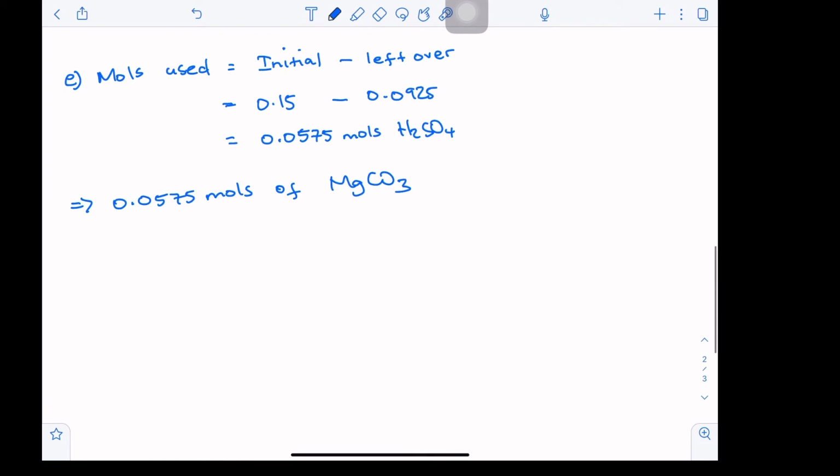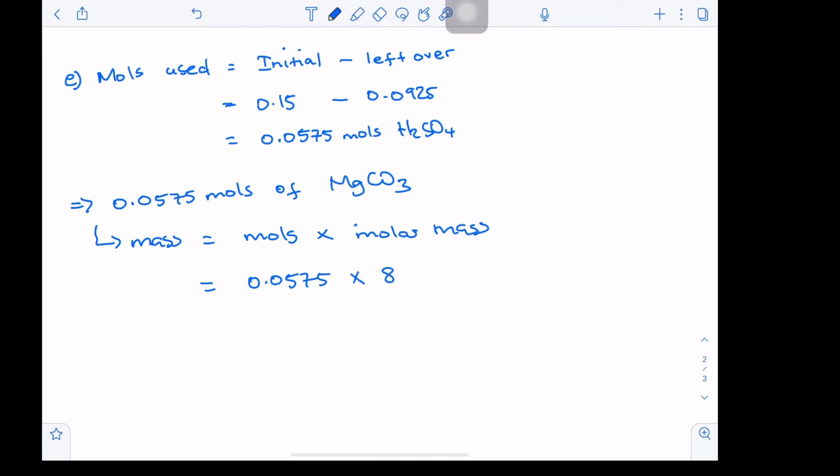Now, if we convert this value to mass, mass equals moles times molar mass. The moles of MgCO3 is 0.0575 multiplied by the molar mass, which is 84.31 grams per mole.